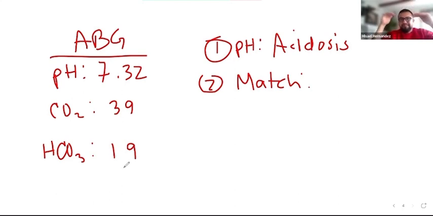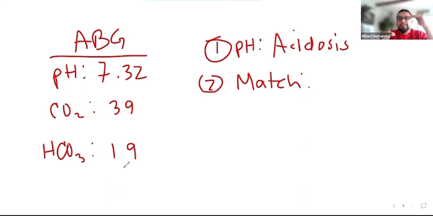So hear me out. This is my CO2. This is my HCO3. Right now, my CO2 is normal. It's where it's supposed to be. But my HCO3, instead of being between 22 and 26, is not even at its bare minimum. It's 19 right now.